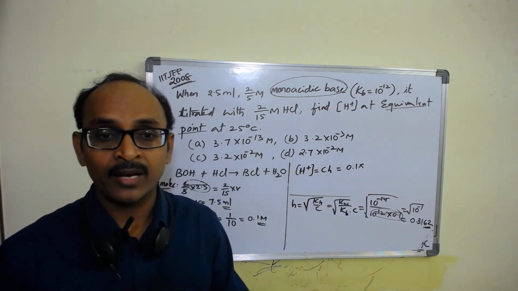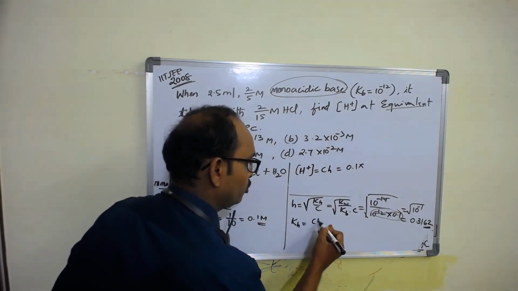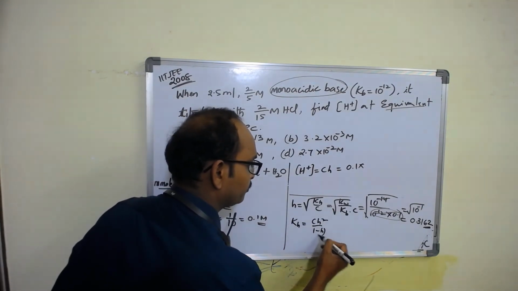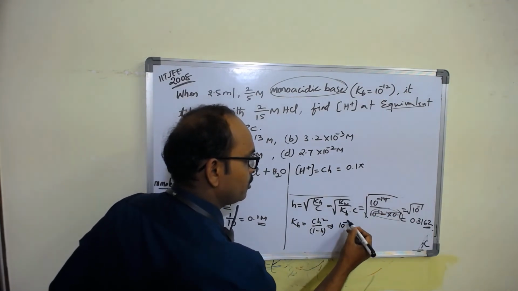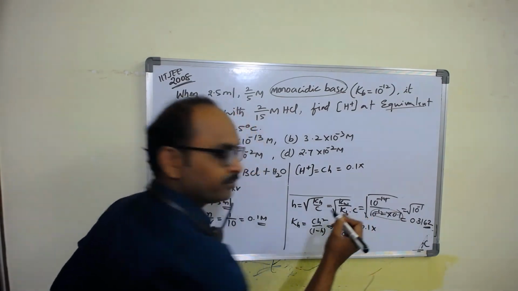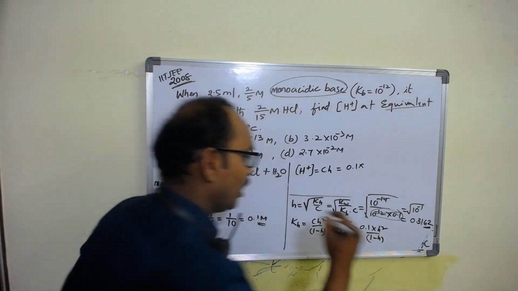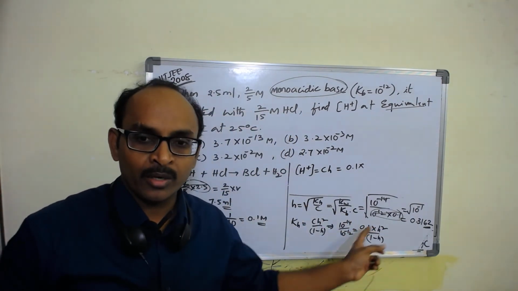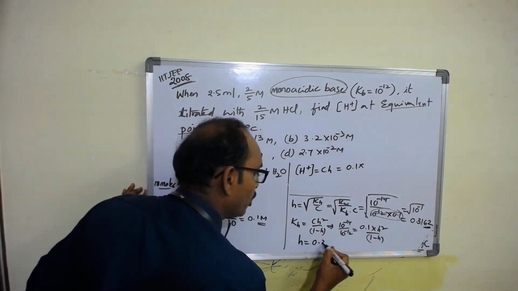Then you have to do it exactly as follows. You have to take Kh equal to Ch square by 1 minus h. What is the Kh value? 10 power minus 14 by 10 power minus 12, and C is 0.1, and h square by 1 minus h. This is a quadratic equation. After solving this, the h value will come equal to 0.27.